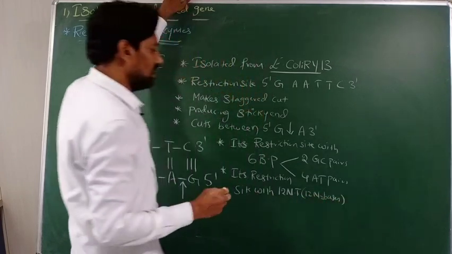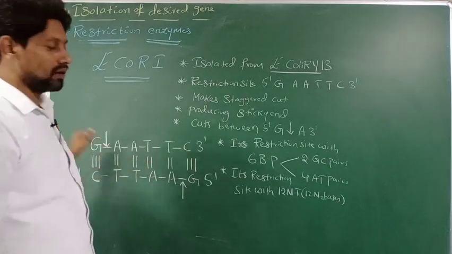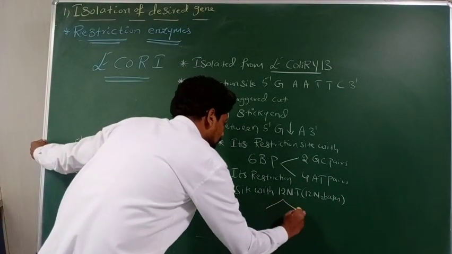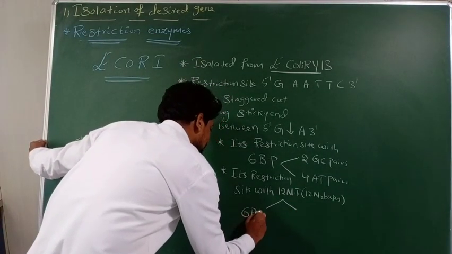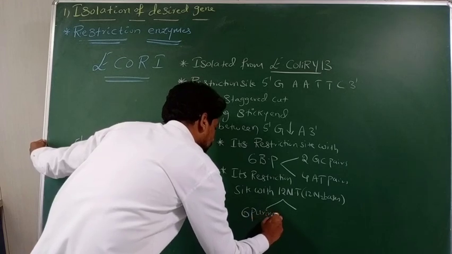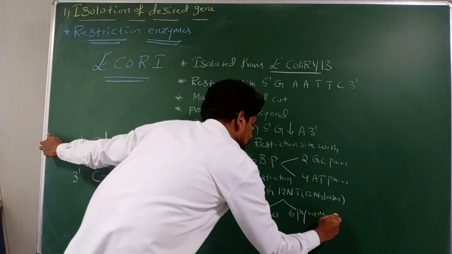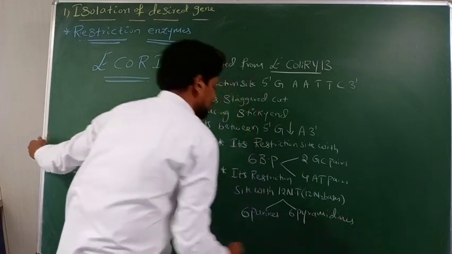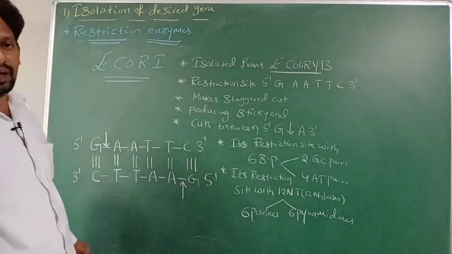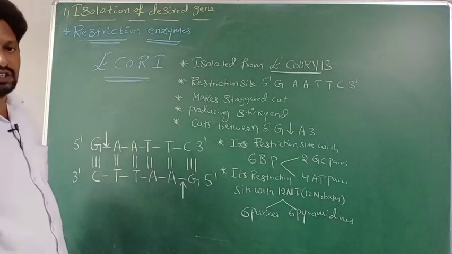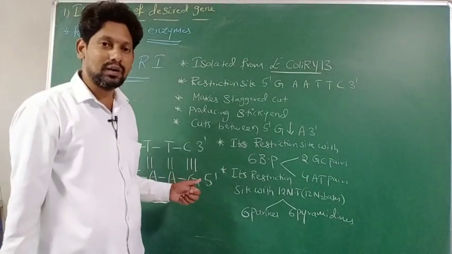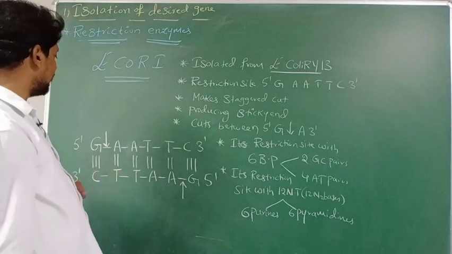Out of 12 nitrogen bases, how many are purines and how many are pyrimidines? 6 are purines and 6 are pyrimidines. Purines means what and what? Adenine and guanine.